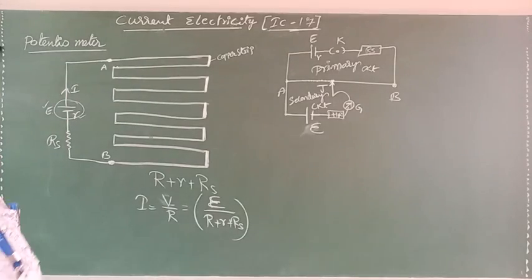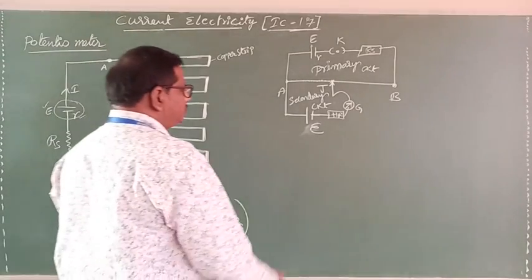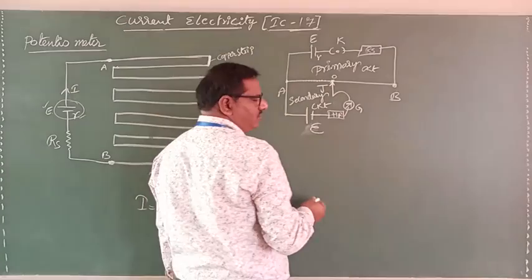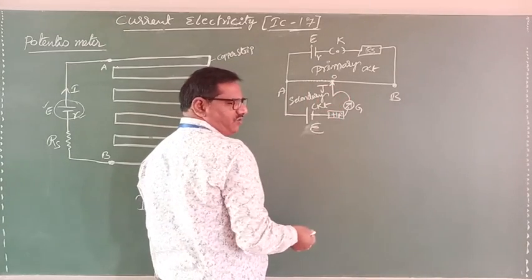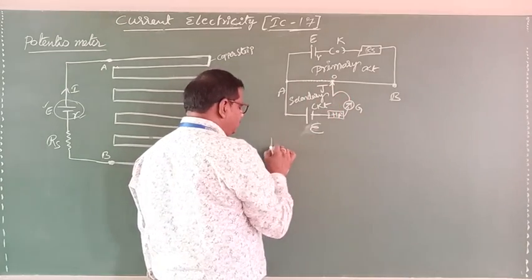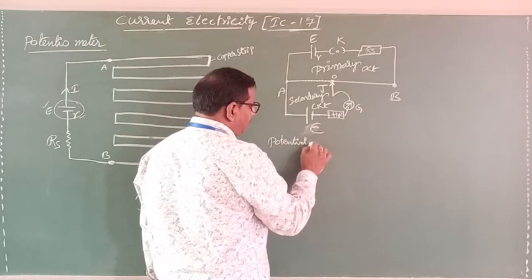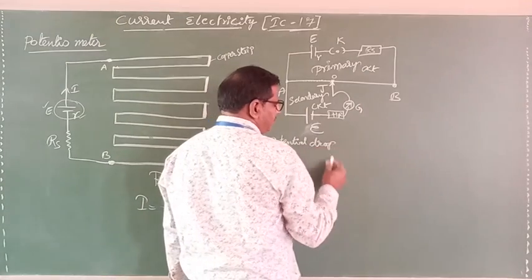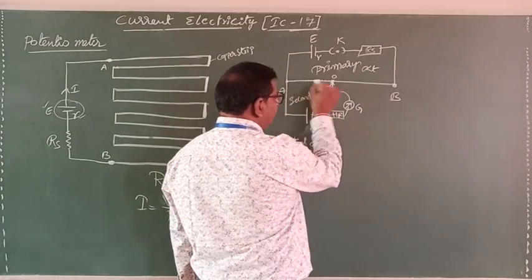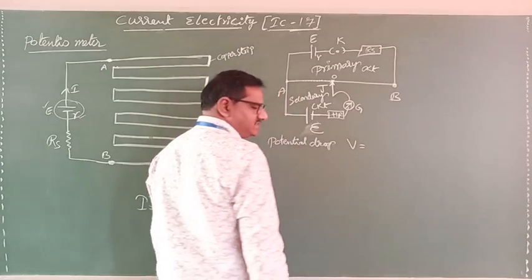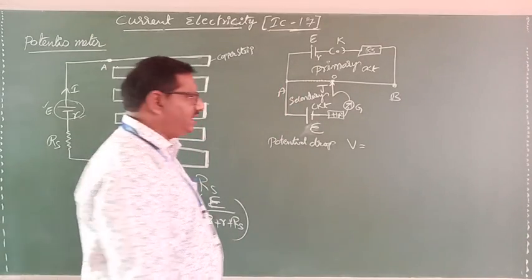Here we want to measure the potential drop. Between A and B, here we write O. Now the potential drop across AO, in between points A and O, we can represent as V. How can you measure it?